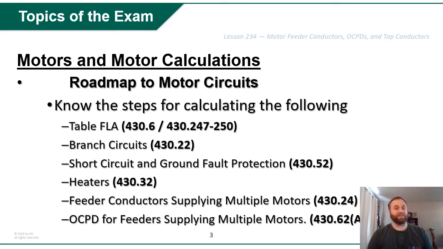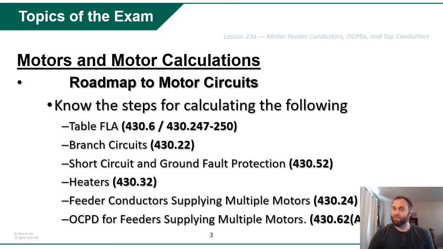Branch circuits, 430.22, short circuit and ground fault protection, 430.52, heaters or overload protection, 430.32, feeder conductors supplying multiple motors, 430.24, and overcurrent protection devices for feeders supplying multiple motors, 430.62(A).